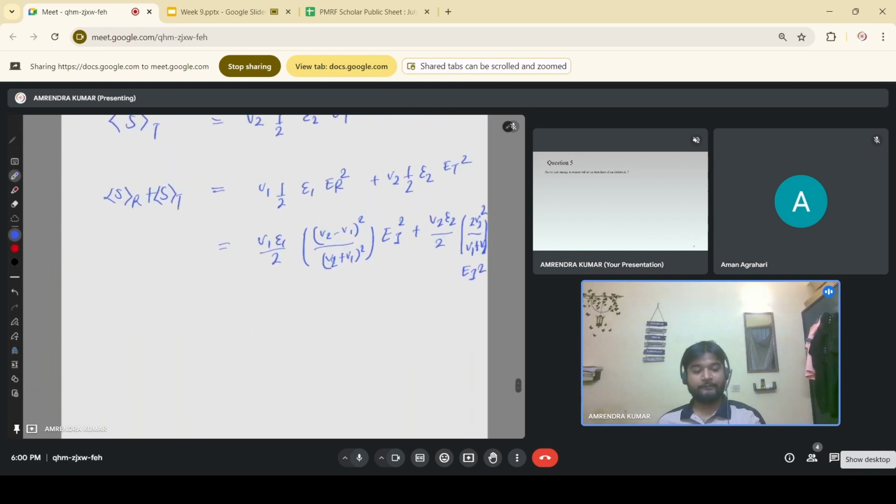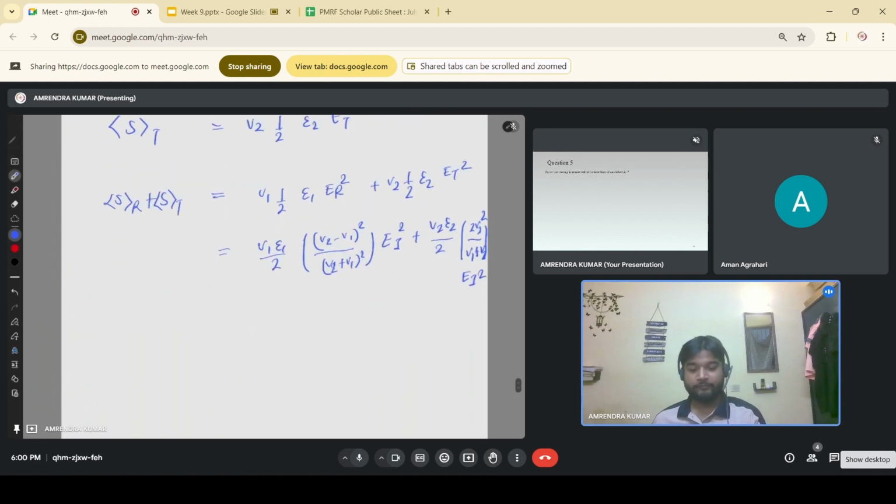Now we have to just sum it up. What we can see is that the things are common with this. So we have to take out (V1 plus V2) whole square outside of the bracket. V1 epsilon 1 over 2 into (V2 minus V1) square, and E_I square is common to both, taken out, plus V2 epsilon 2 over 2, and then you have 4 V2 square.